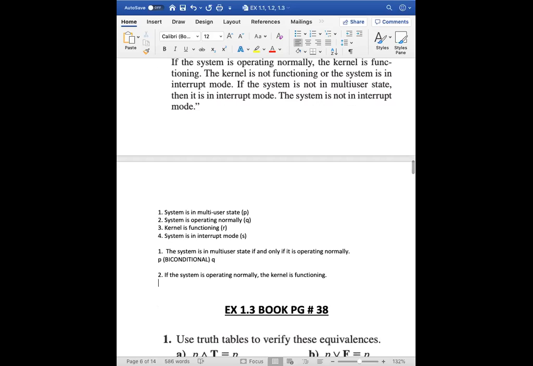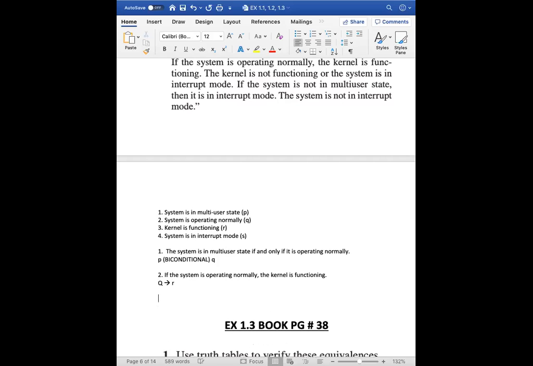Here, the word if means we need to make use of the implication. So the system operating normally is represented by the variable Q, then we have the implication sign, and then the statement represented by R.